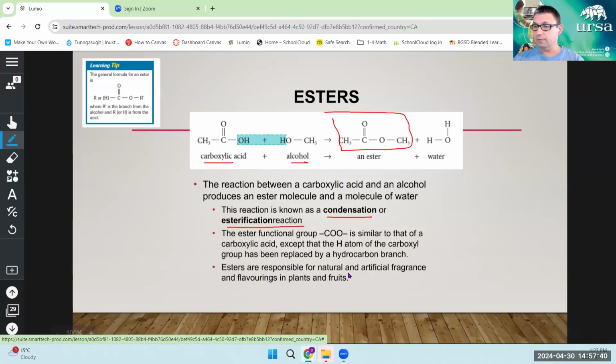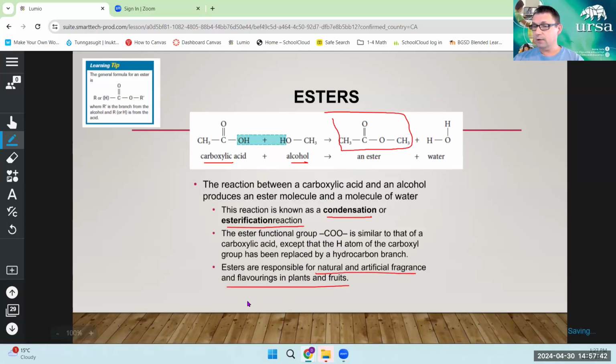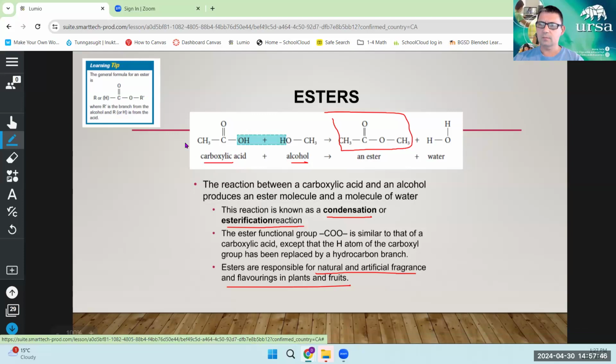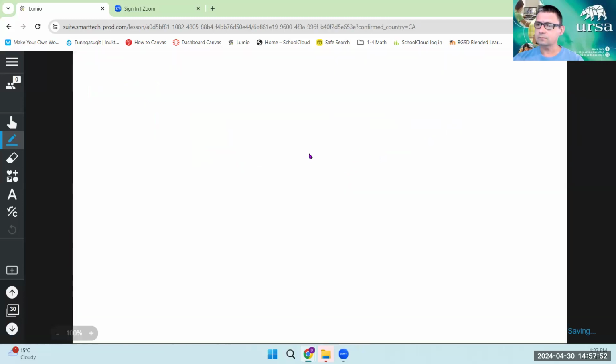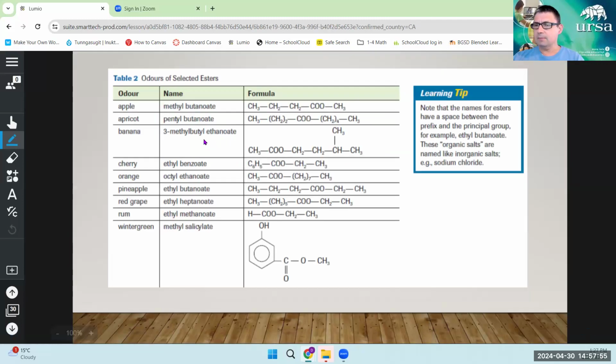So they're very flavorful, they create flavorings, all kinds of things around esters. Here's the functional group here. You can see it listed. So, examples. When you smell an apple, when you smell an apricot, a banana, and so on, this is all created because of the ester that's there.